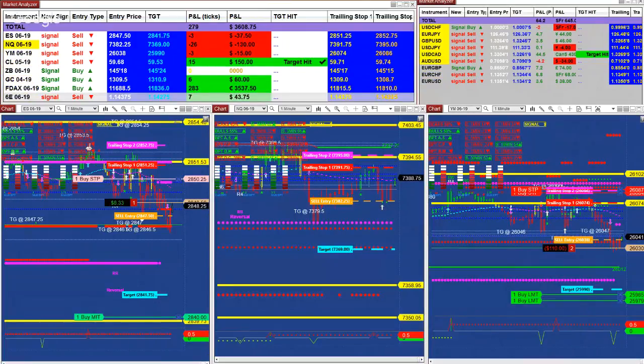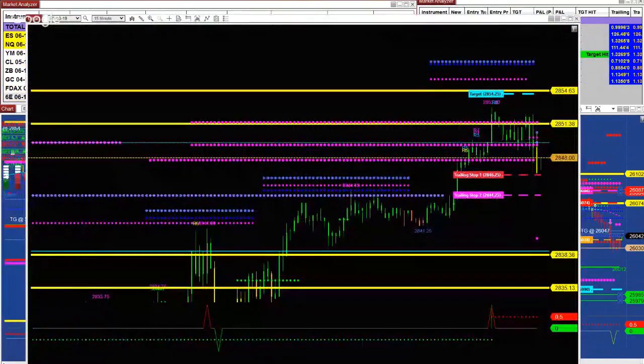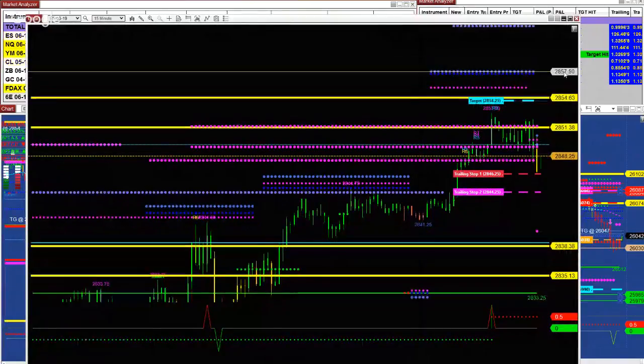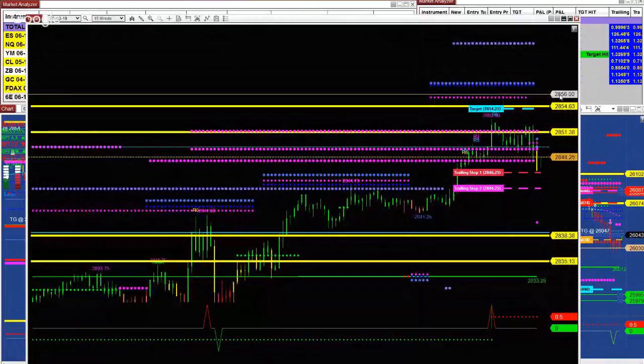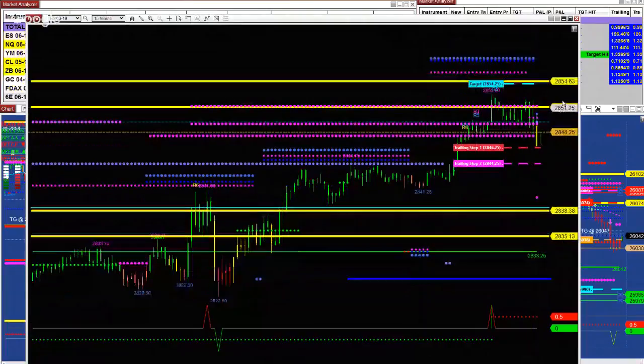One thing I want to highlight a little bit, what's going on today: you are going to expect a lot of chop in the market. The reason for that, this is a 15 minutes chart.